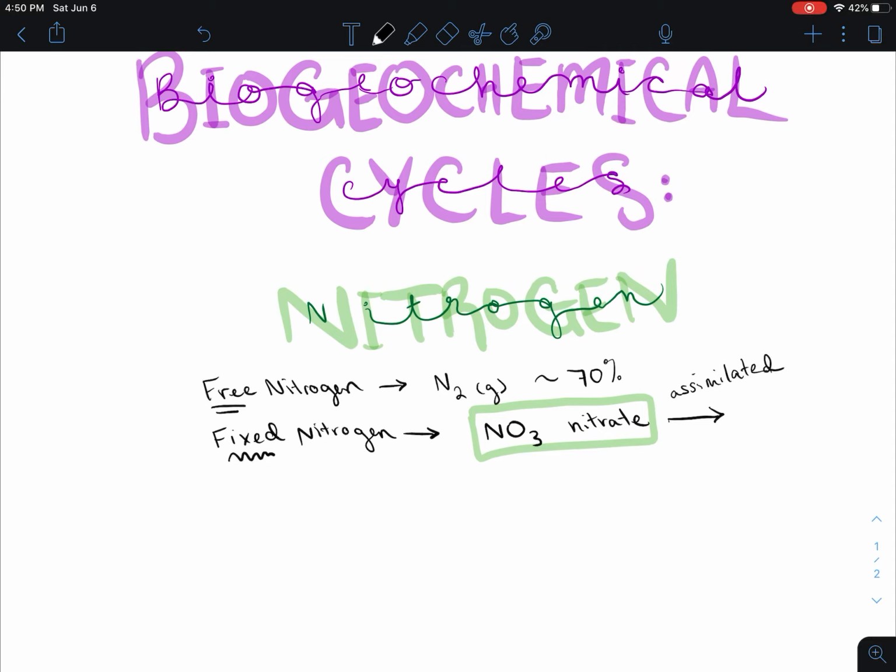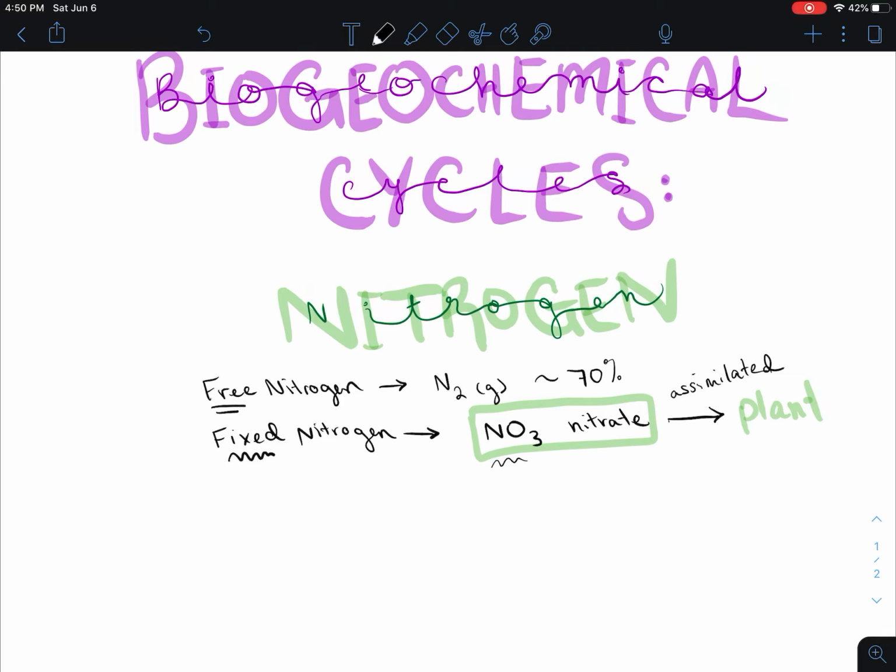Assimilated, you might have heard that term in social studies, where something is becoming more like a larger group. So this nitrogen, NO3, is becoming more like the nitrogen in the plant's body. Well, body, you know what I mean, it's leaves and stuff. So it's getting turned into the proteins and the DNA in the plant.